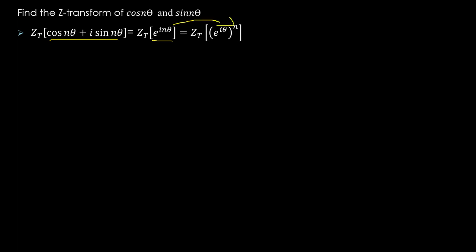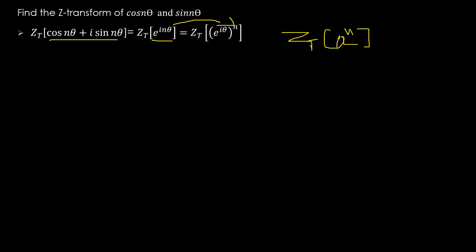(e power i theta) whole power n, which is of the form now Z transform of a power n. A is e power i theta, and you know Z transform of a power n is z divided by z minus a.